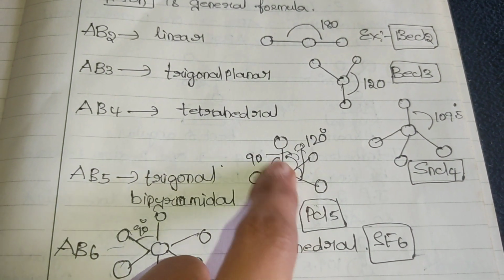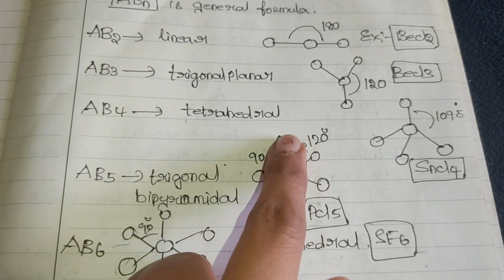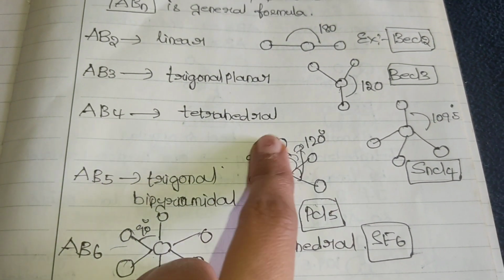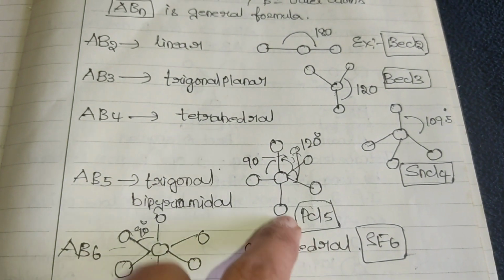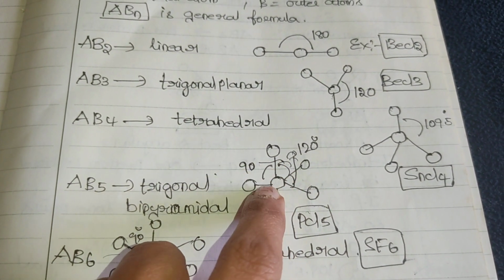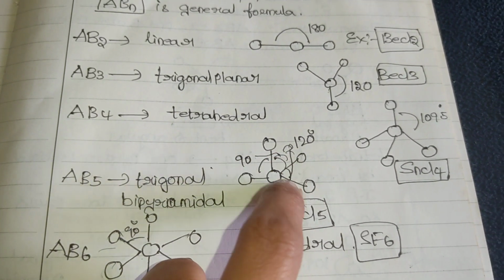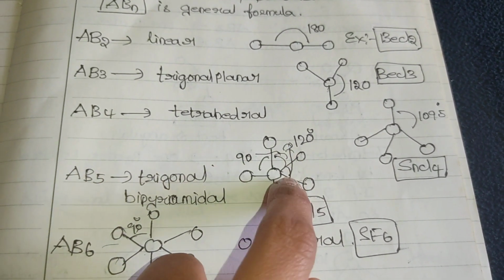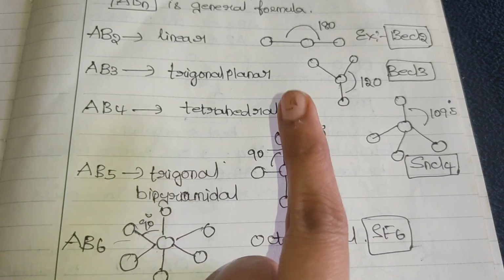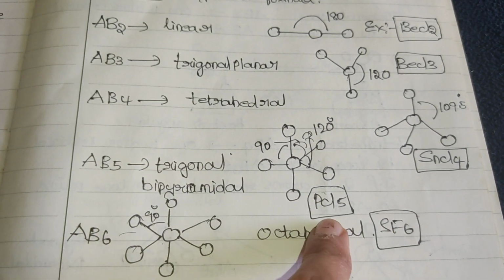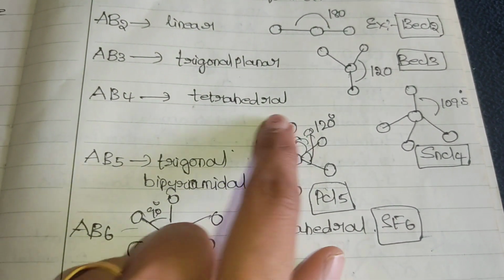It is like two pyramids, and the bond angles here are 90 and 120 degrees. An example of this is PCl5.